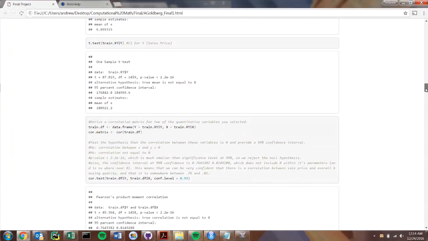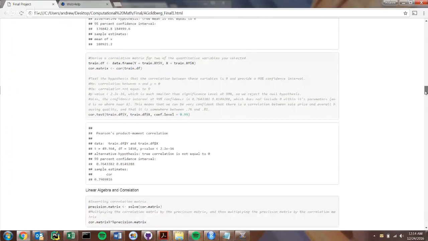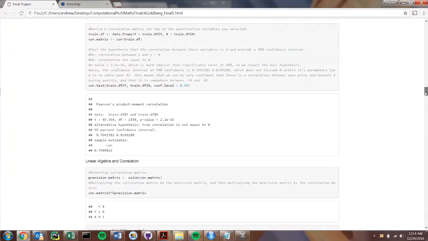We play with correlation matrices. And then we look at the actual correlation.